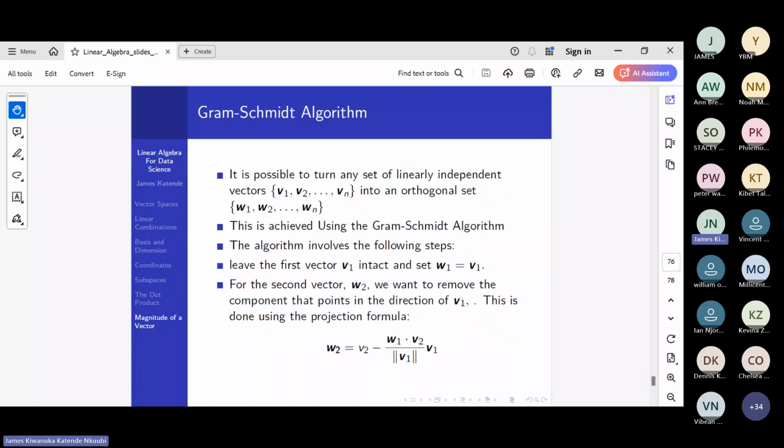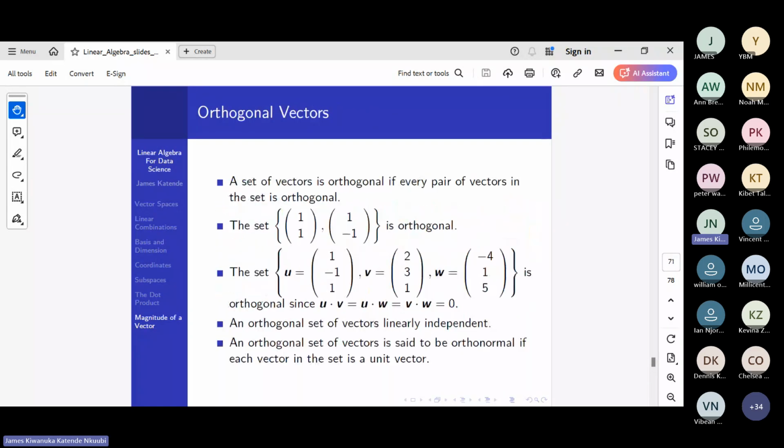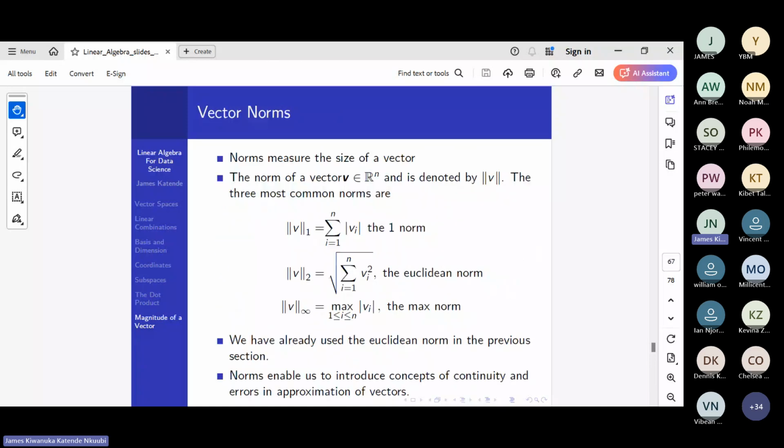For us, we've been working with the Euclidean norm, which is just the standard way of measuring distance. The other ways to measure distance are a bit abstract and may not be easily understandable, but they are useful. So just take this one as another way of measuring distance.